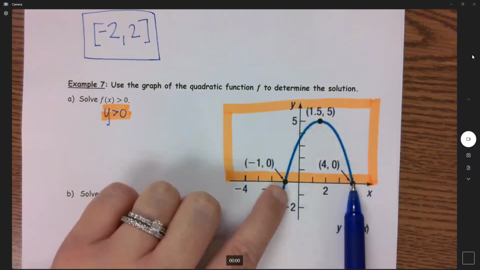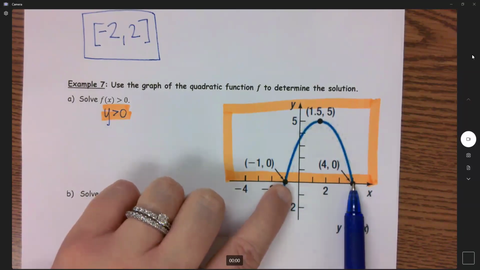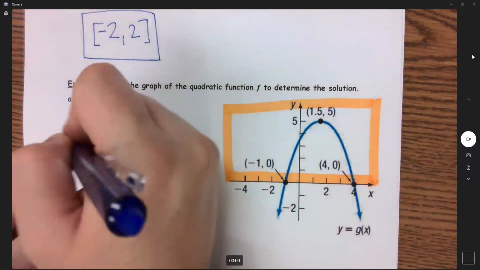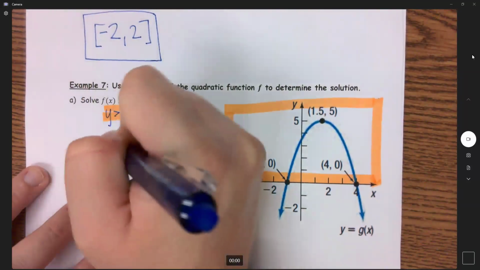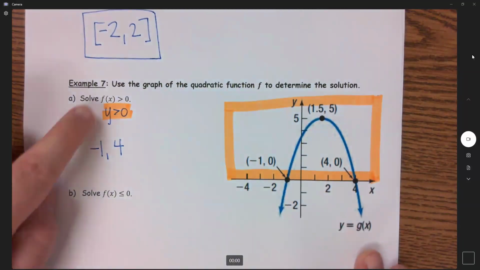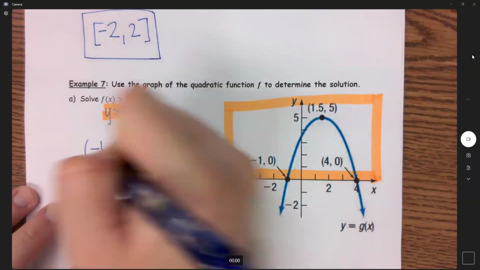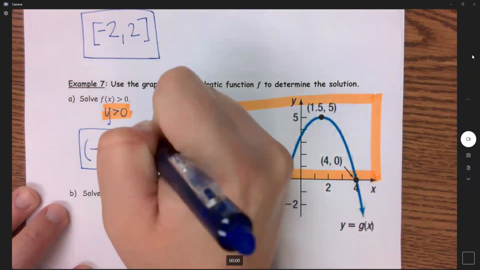So it has x values from -1 to 4 that make all of these y values greater than 0. -1 to 4. Because it's greater than and not or equals to, this will be parentheses.